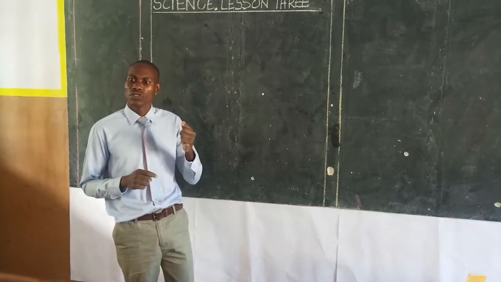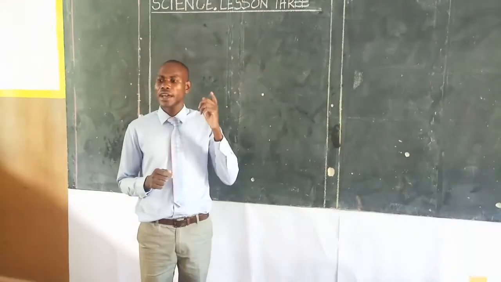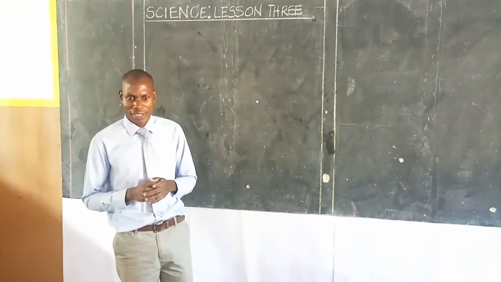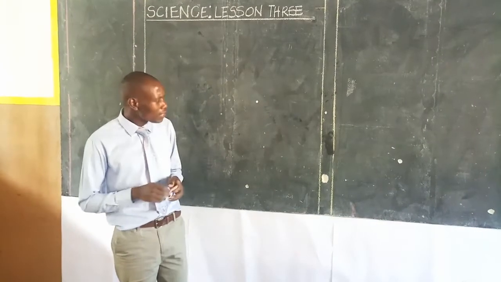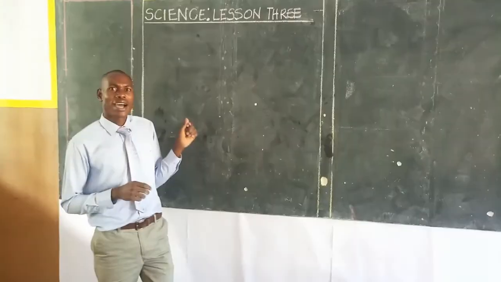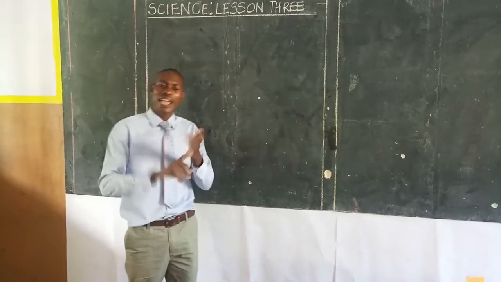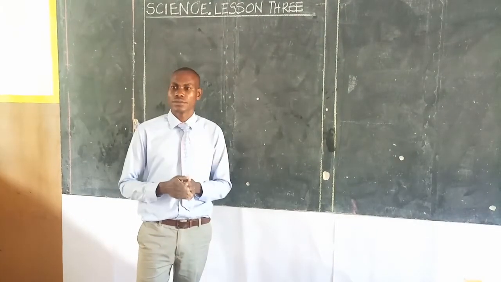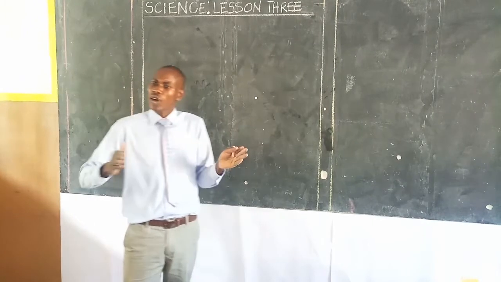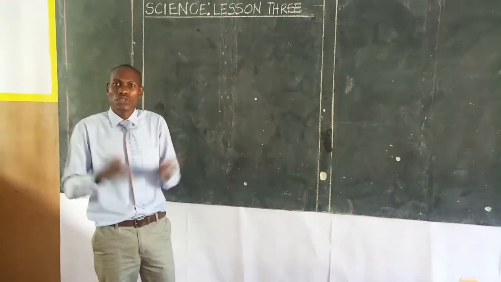And that use, we got it from the definition of light. So children, when you are answering such a question, begin with that. Say, light enables us to see. Then you can go and give other uses of light.